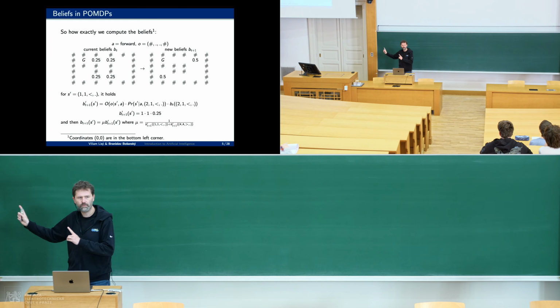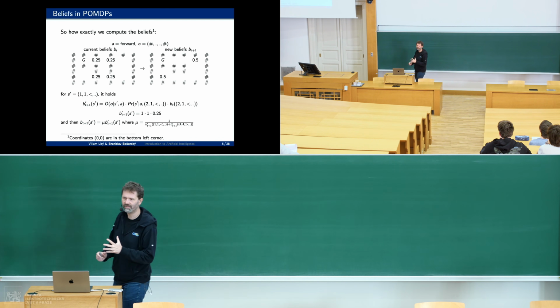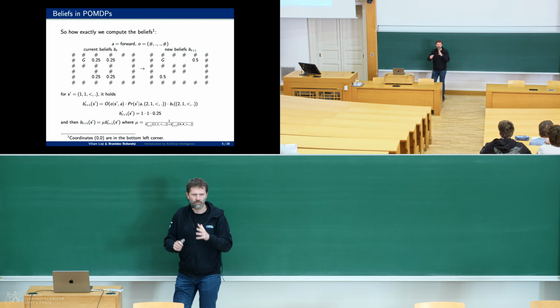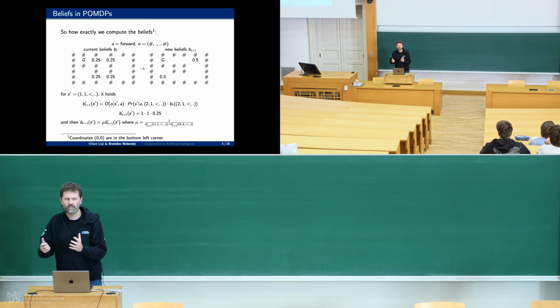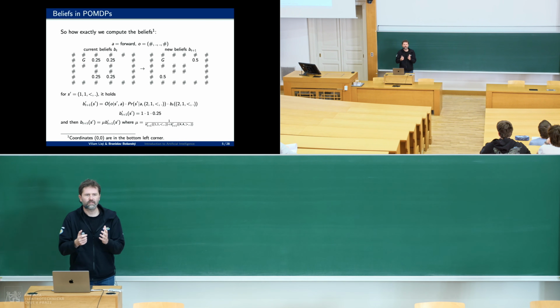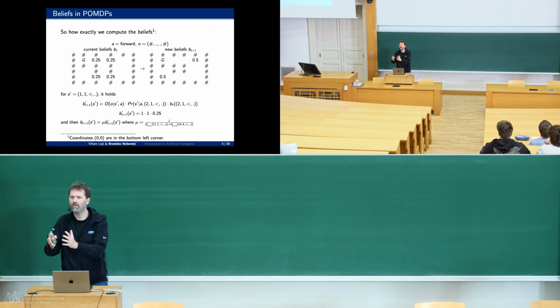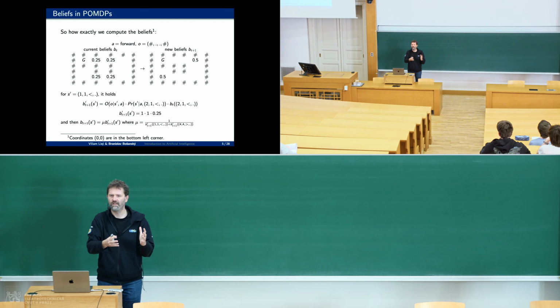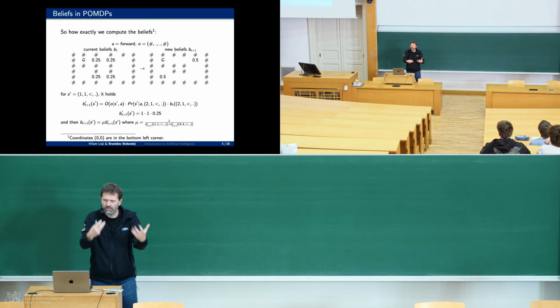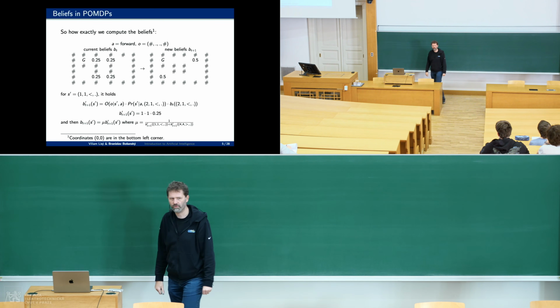Before we go there, any questions about this? So, is the belief update clear? We take our original belief, we take into consideration the probabilities with which we move from one state to another state after performing some action, and then normalize to get a new probability distribution.